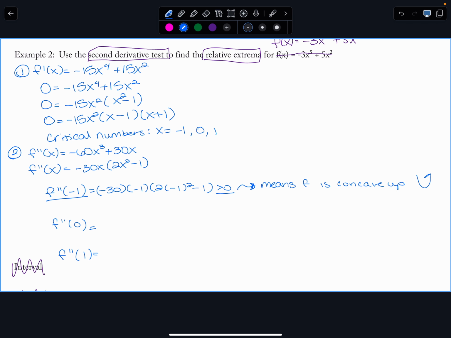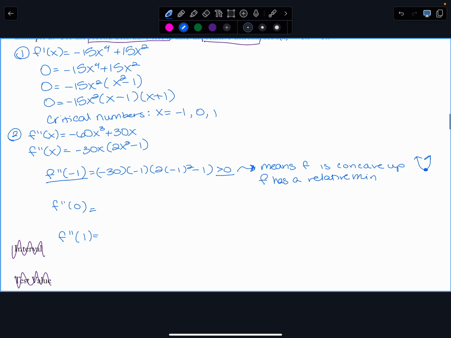If I have concave up, then that means that I would have a relative minimum. A lot of theory goes into this question. Questions so far?